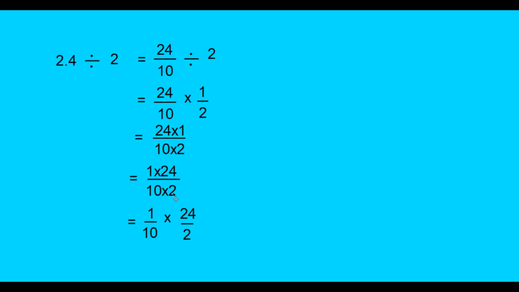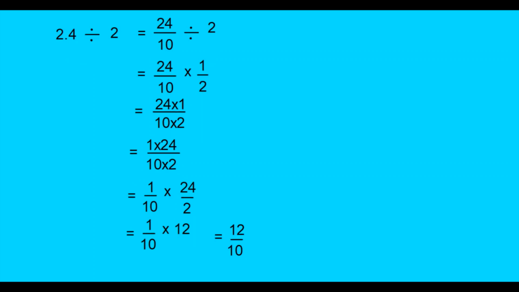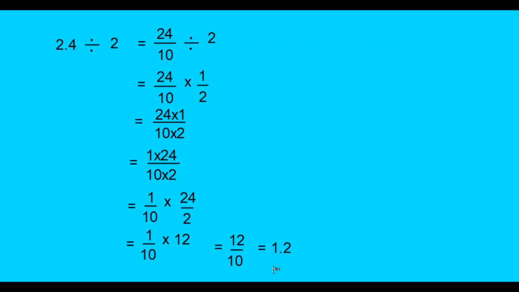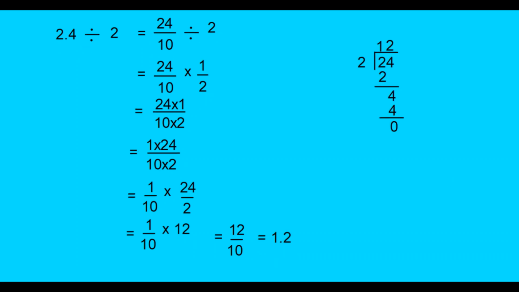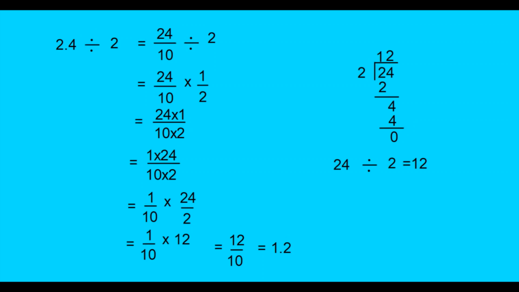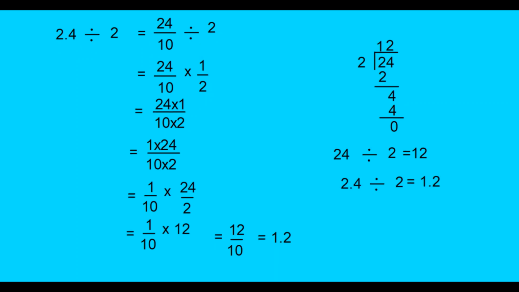Now 24 by 2 you know is 12, which is equal to 12 by 10, and that you can write as 1.2. Now if you divide 24 by 2 manually, you will get 12 as the answer. 2.4 divided by 2 you will get as 1.2.